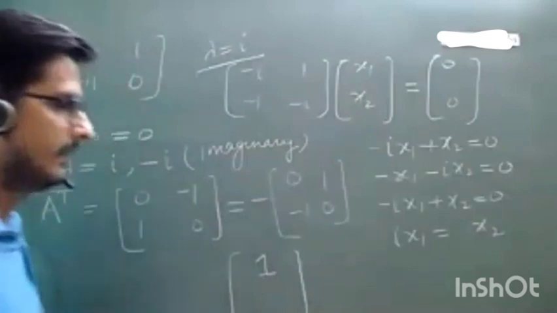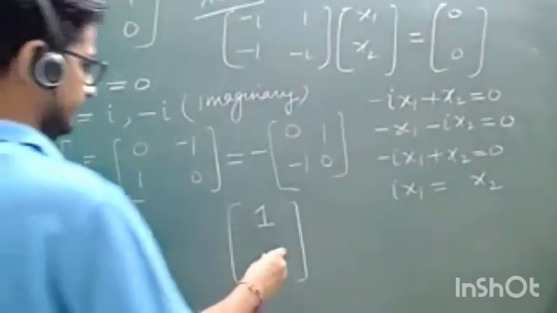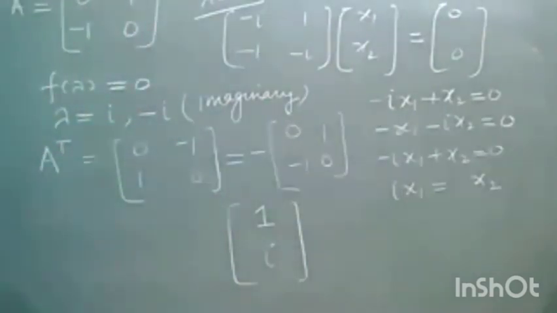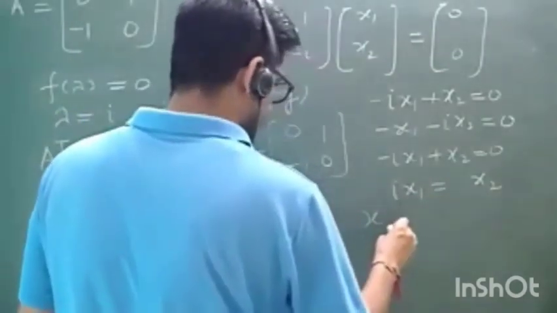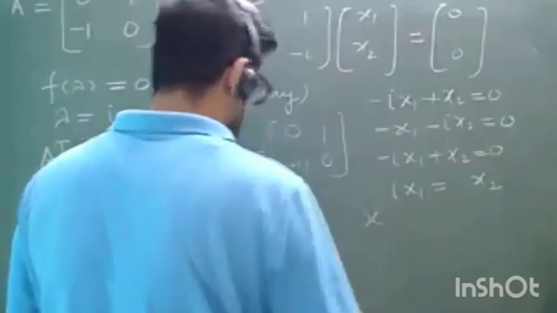So what will be the value of x2? x2 will become iota. If x1 is 1, then x2 will become iota.